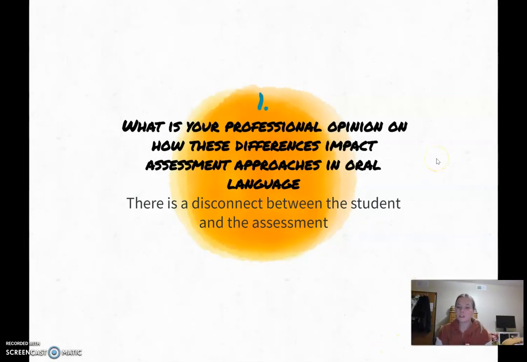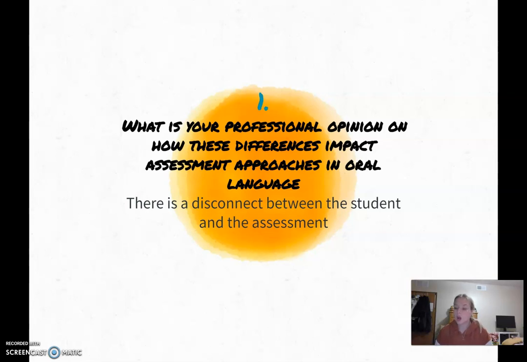The first question was, some people have difficulty in assessments if they are an English language learner. What is your professional opinion on how these differences impact assessment approaches in oral language? I personally feel that there is a disconnect between the student and the assessment.